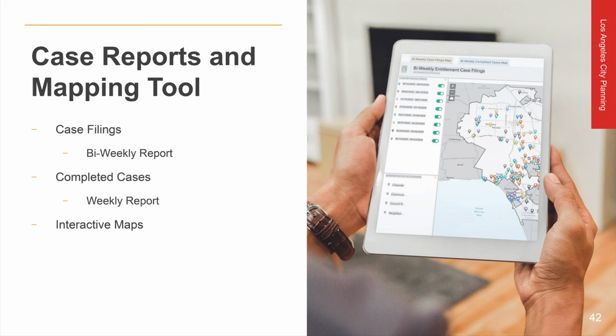Taking these reports one step further, City Planning has developed interactive maps that pinpoint the location of proposed and approved projects throughout the city. These GIS mapping applications enable users to locate these projects, filter them by community plan area, council district, and certified neighborhood council, allowing people to visualize development trends and patterns.